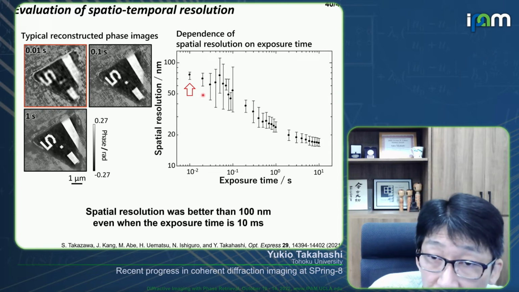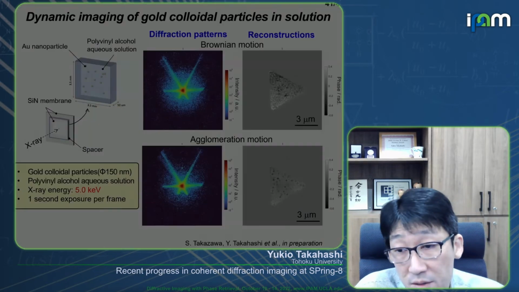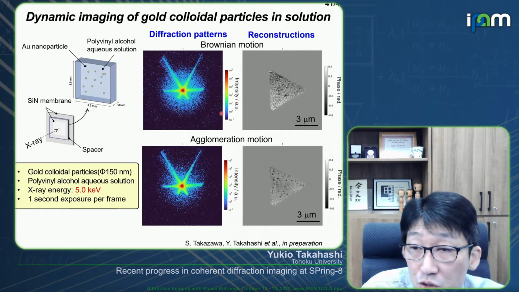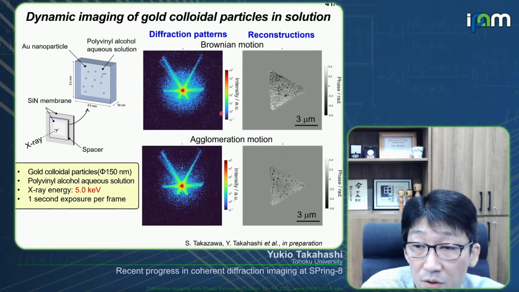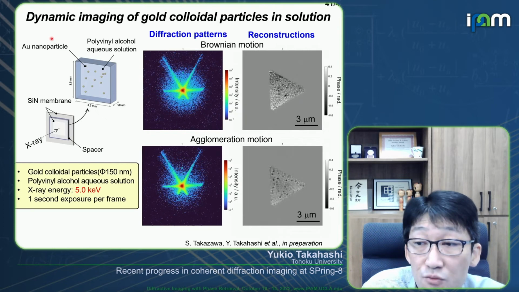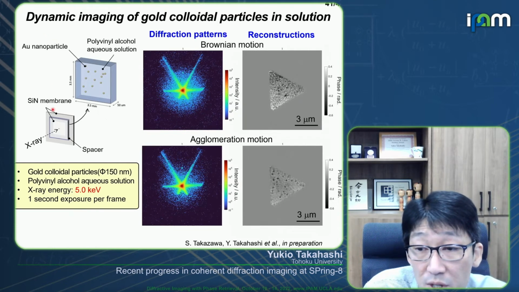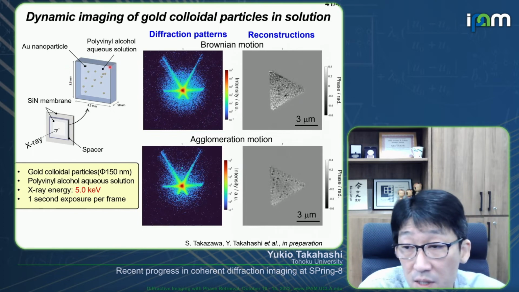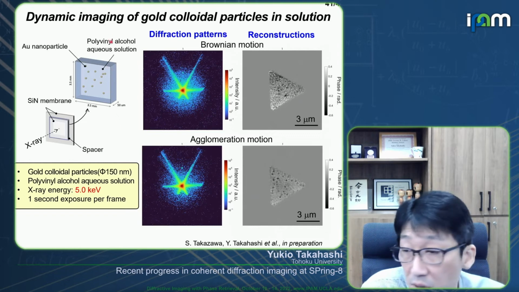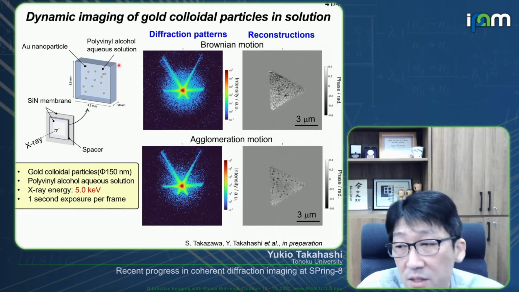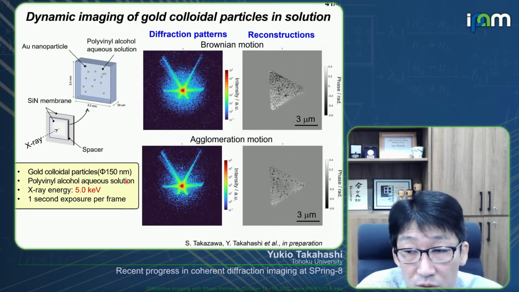Next, I will show you a very, very recent result. We have performed dynamic imaging of the motion of gold colloidal particles in solution using single frame CDI. The sample consists of gold colloidal particles, 150 nanometers in diameter, dispersed in a polyvinyl alcohol aqueous solution, whose viscosity is controlled.